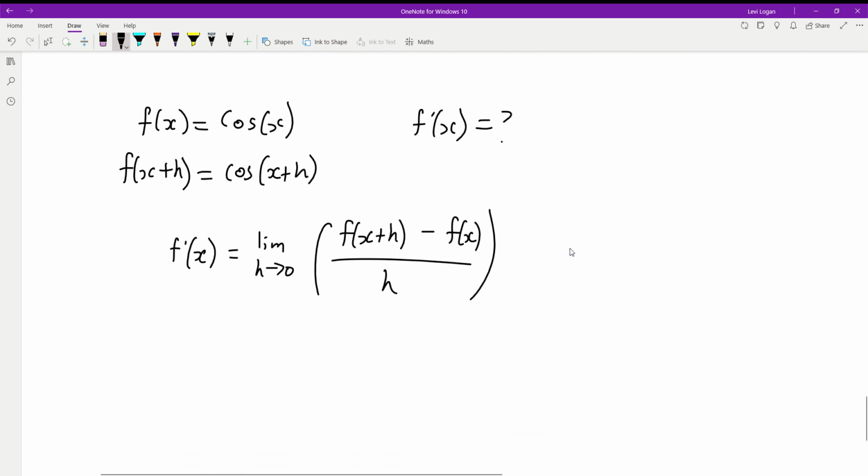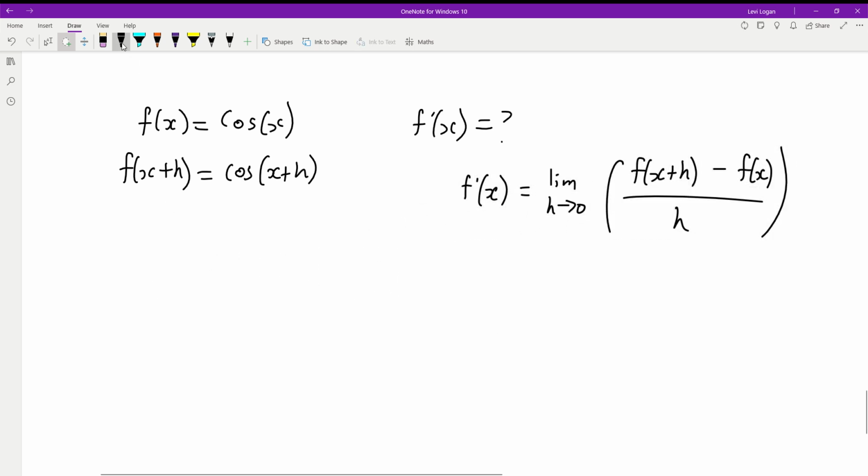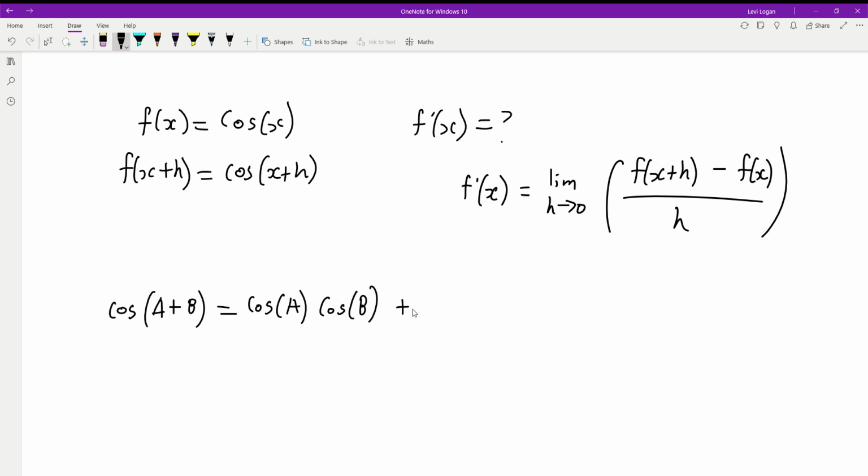So all we're going to use is a trig identity again. So if I move this guy to the side, cos of a plus b is equal to cos of a multiplied by cos of b minus sine of a multiplied by sine of b.